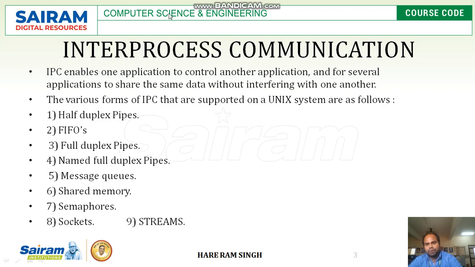So let us see what inter-process communication is. When two processes communicate with each other or share some common data with each other without interfering, that is called inter-process communication.